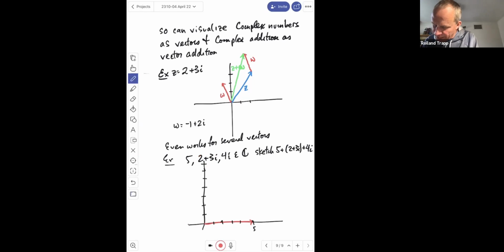2 plus 3i, let's remember where we were with that. That's just this vector. This is 2 plus 3i. And then what about the 4i? What can you tell me about that vector?